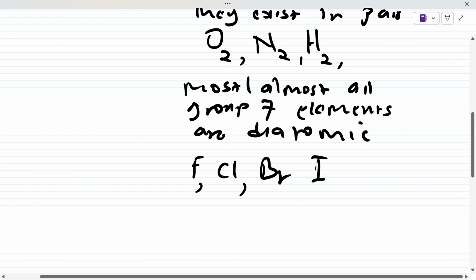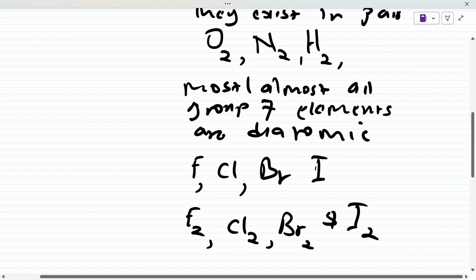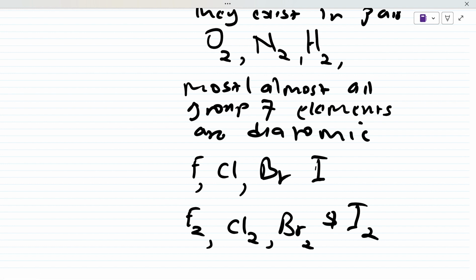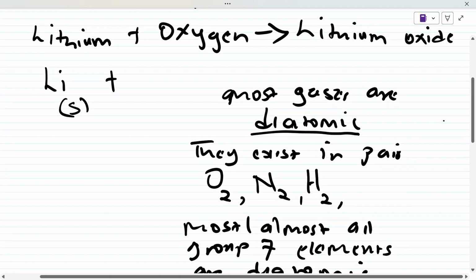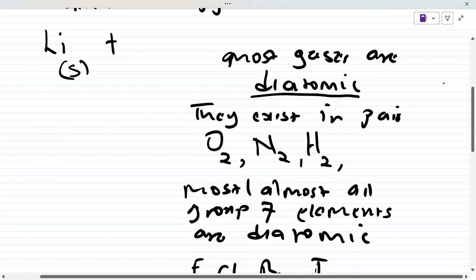Now, in real sense, if I'm writing them, it's supposed to be F2, Cl2, Br2 because they are diatomic, and lastly I'm going to have iodine, I2. Now you needed to understand that before you further your studies in writing and balancing chemical reactions.